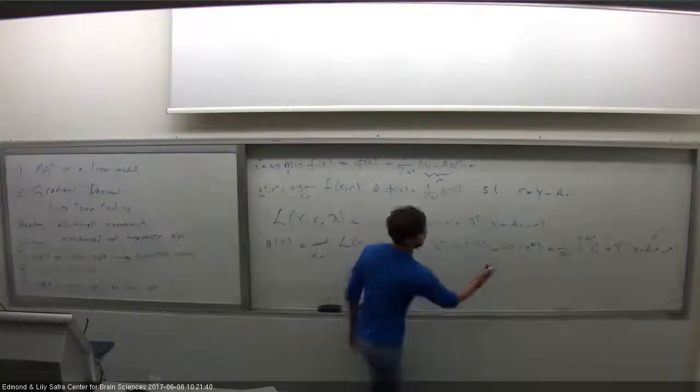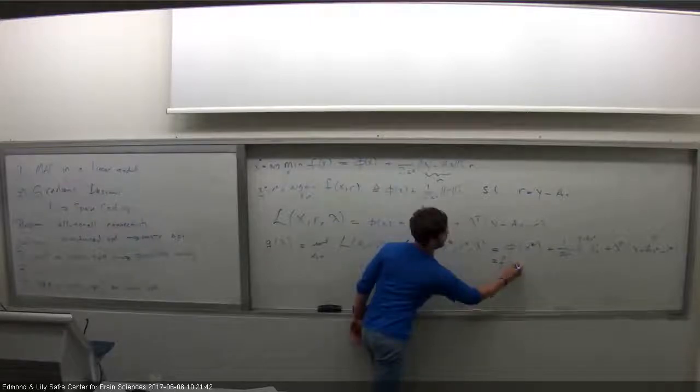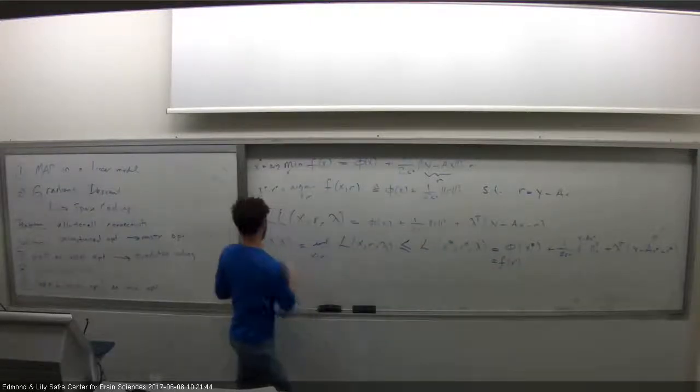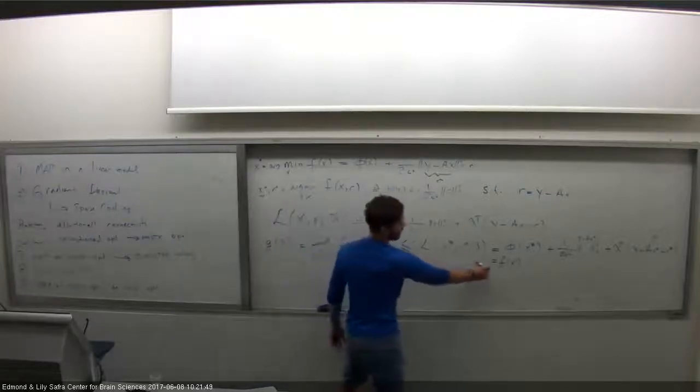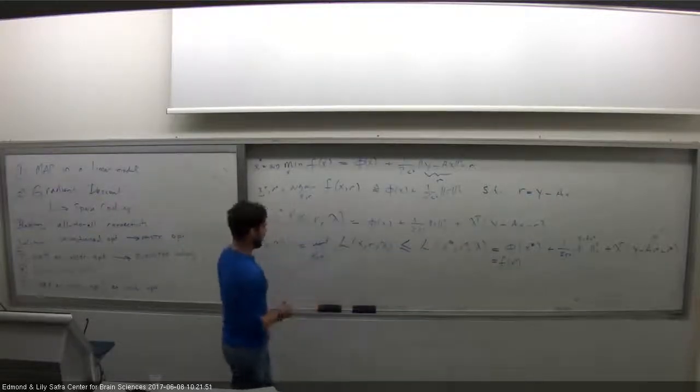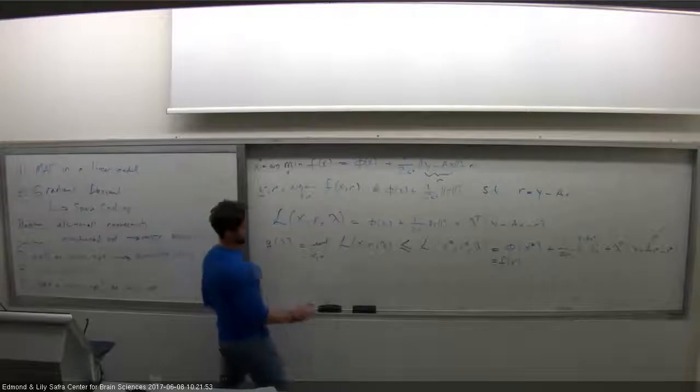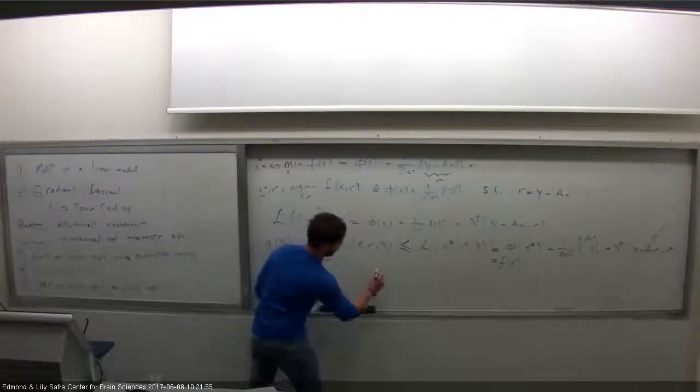So this thing is just f of x star. So g of lambda is always less than or equal to f of x star, and another nice property is that it's concave. So it looks like this.